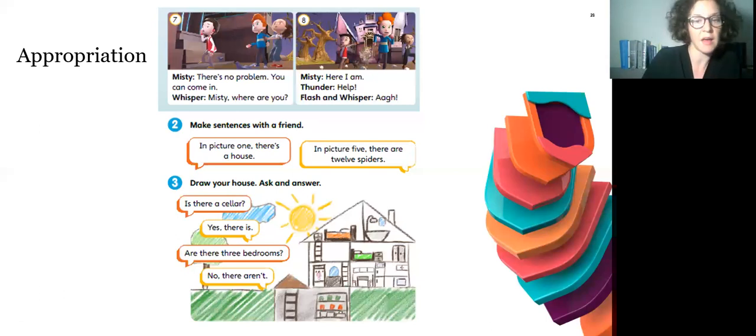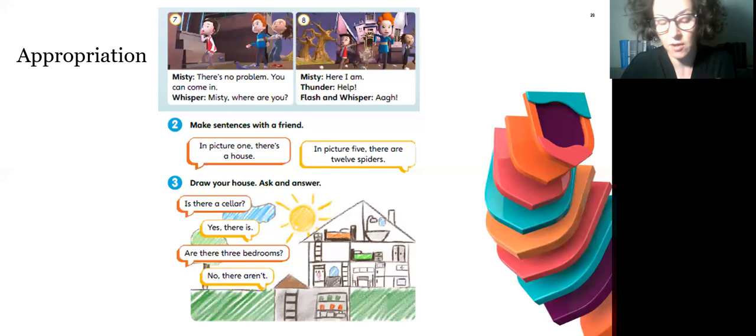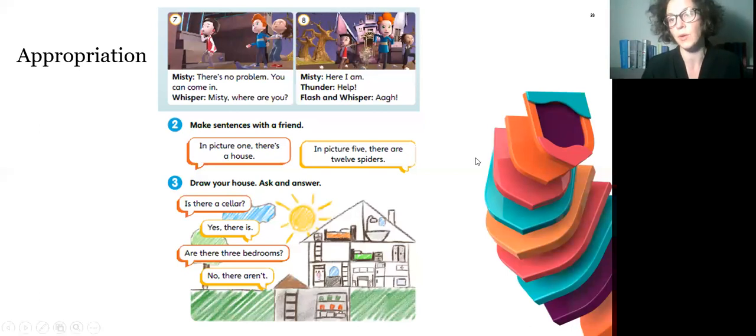Is there a bathroom in your house? And you look at your picture and say yes. Or they can exchange these pictures and play more games, but really using this language. And the more games we create for using such a construction, the better would be appropriation of this language.